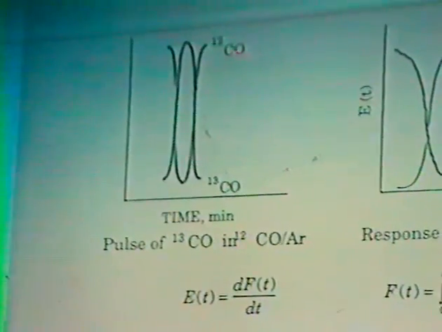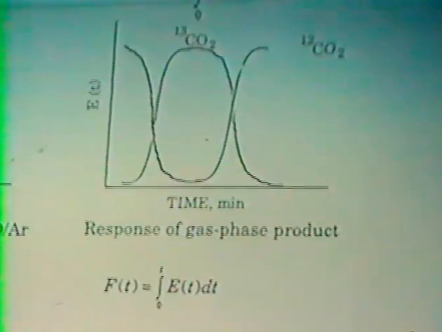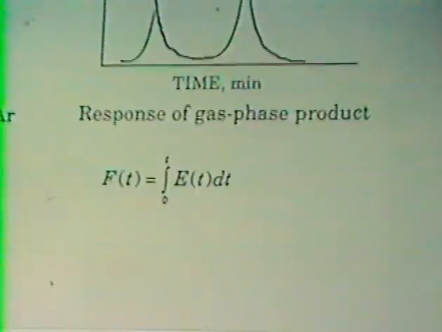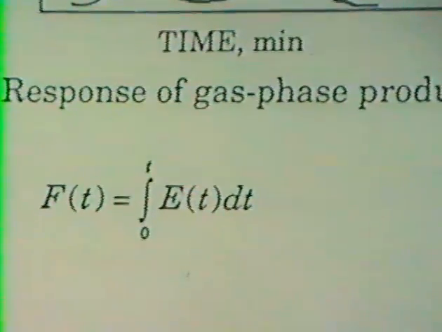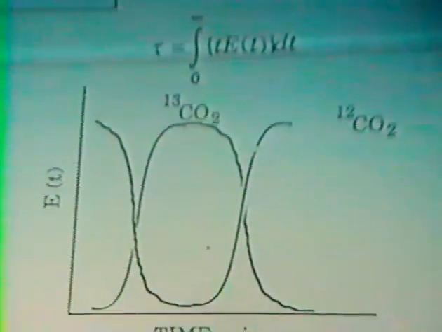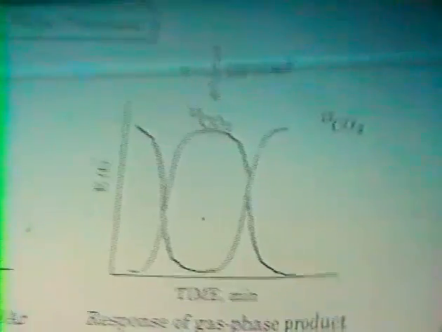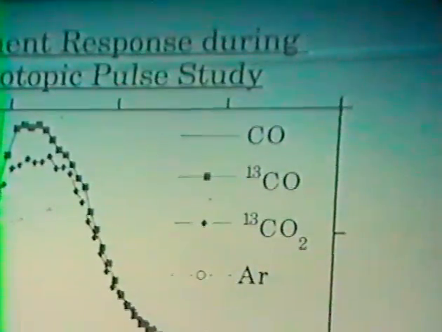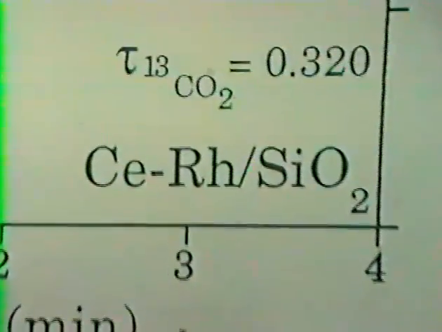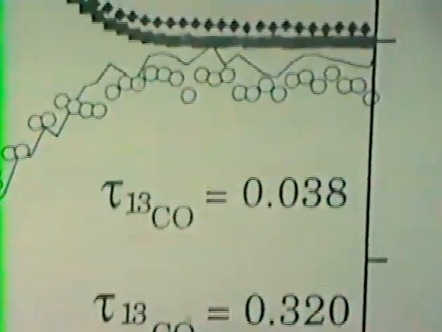This 10 cc of C13O will replace another 10 cc of C12O. And we use mass spectroscopy to observe how the product is formed. This reaction was conducted in an infrared cell, so we can see how these adsorbed species interact during this switch.